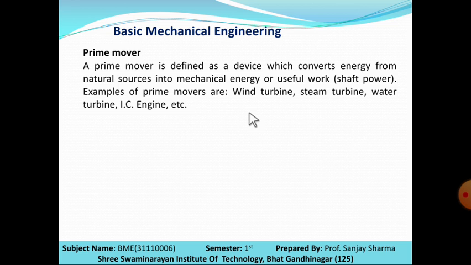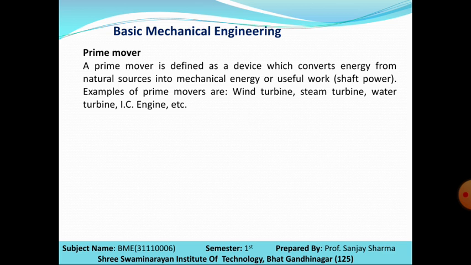For example, let us take the electric motor also. Electric supply is given to it, and we get some rotation, that is mechanical energy on the shaft. Now if we connect any gear or pulley on that motor, it drives some other component.